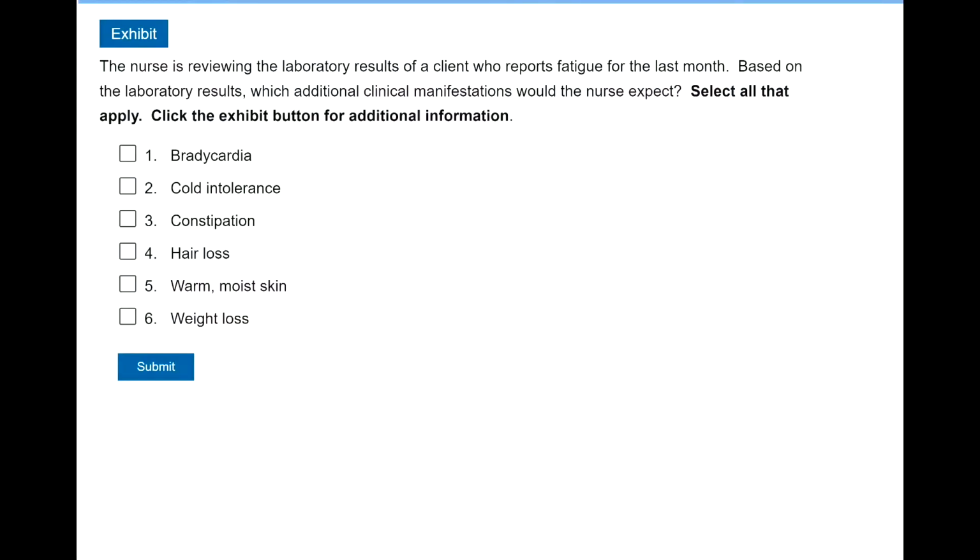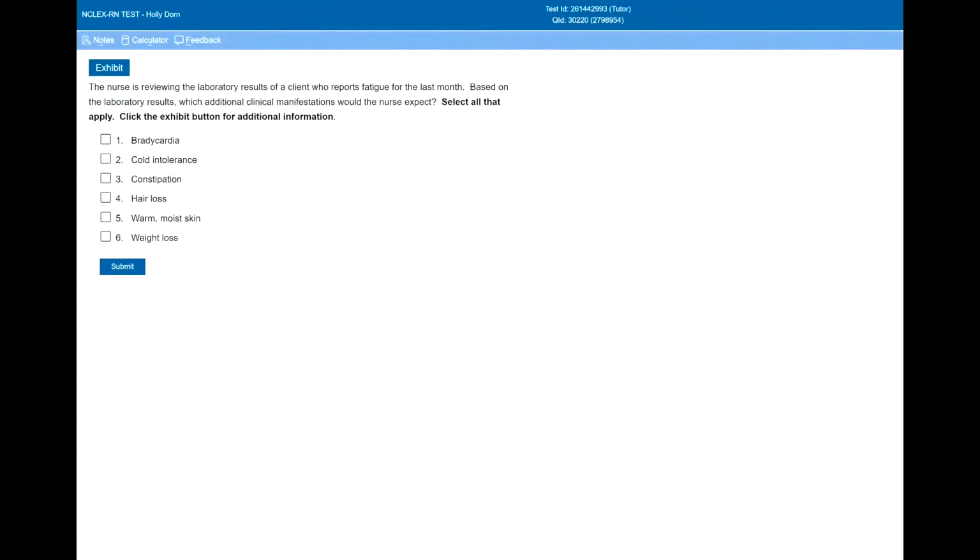Also, we have a 6-item select all that apply, and adding that extra item makes it a little daunting, just a little more stressful for me. We know that the NCLEX loves to ask about opposing conditions and contrasting items, so we want to help you prepare for that. So I'm going to click on our exhibit here.